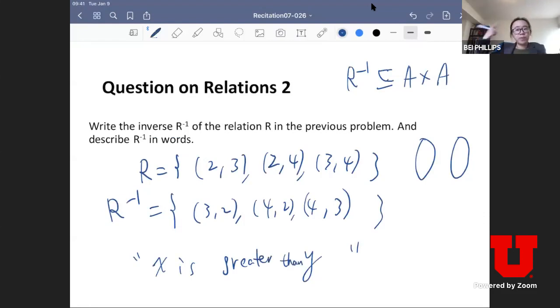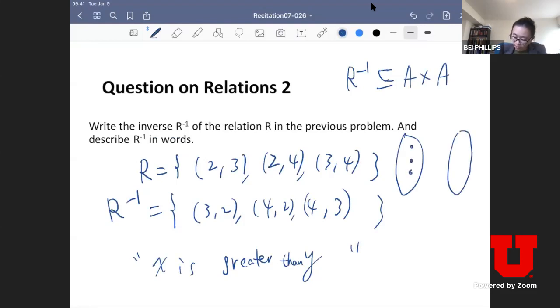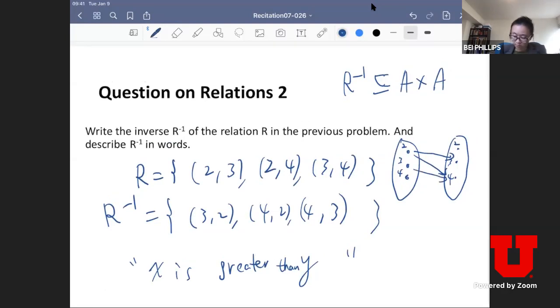So another mental picture you can form is, oh, let me draw it bigger. You have 2, 3, 4, 2, 3, 4. You have a relation between 2, 3. You have a relation between 2, 4. You have a relation between 3, 4. Remember, I'm talking about a relation, not a function.